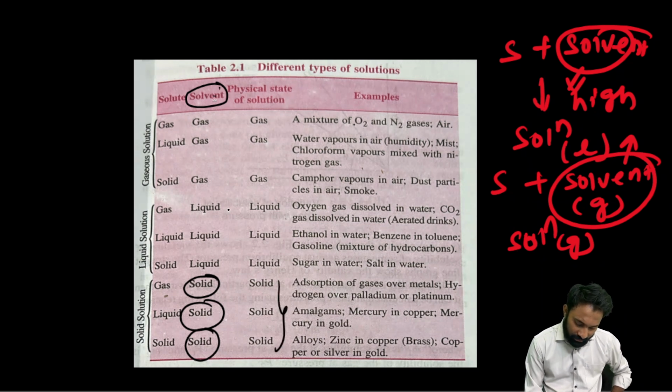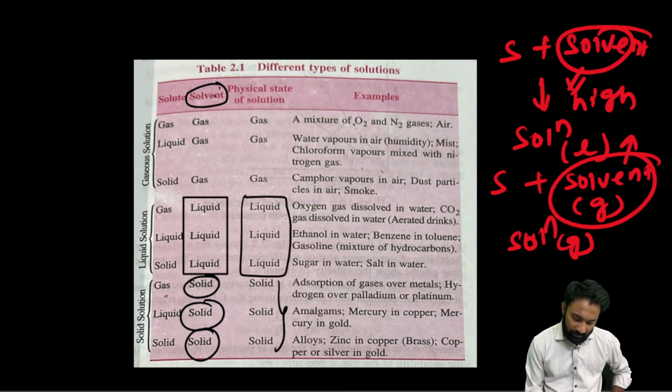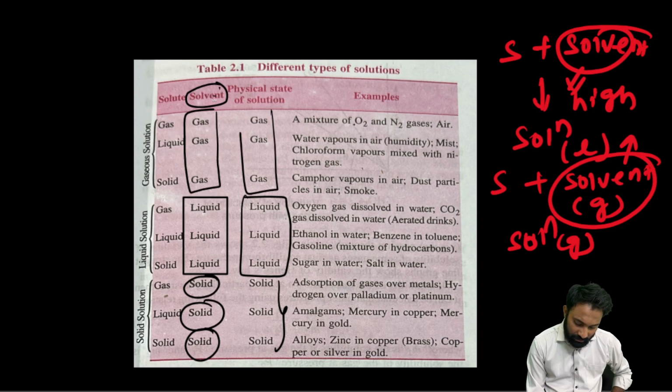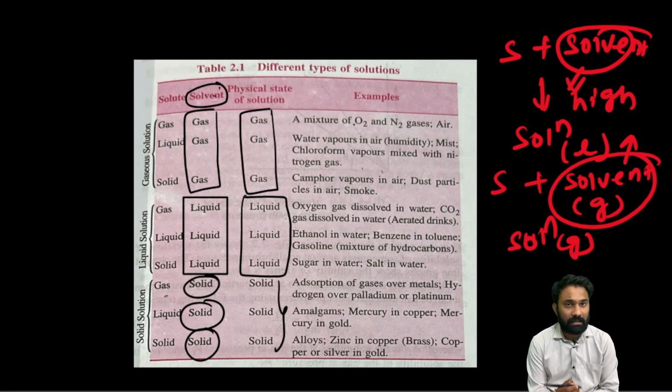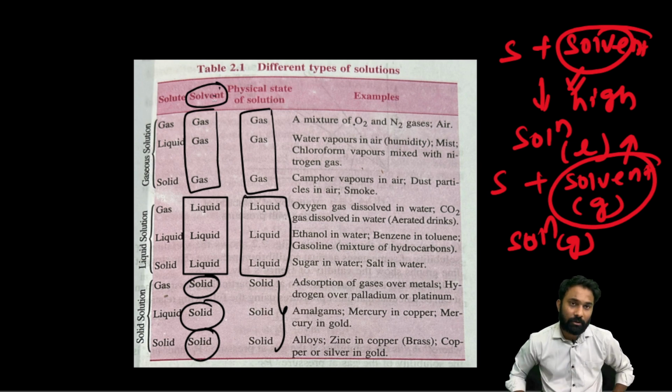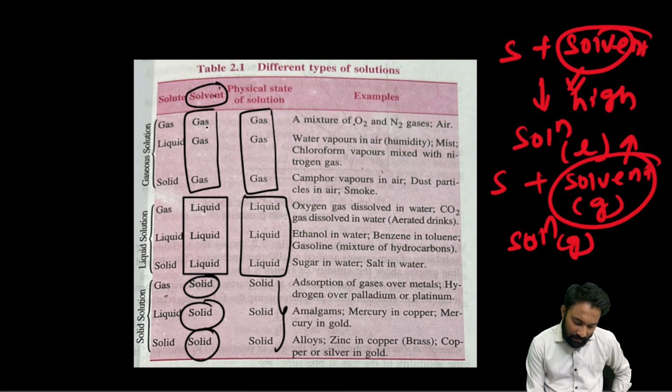Now, the solvent quantity is high and the solvent is liquid, and the solution we got is a liquid solution. Clear? Next, the solvent is gas, and the solution we got is a gas solution. Now first we are talking about the gas solutions. What are the gas solutions? Gas in gas gives a gas solution.